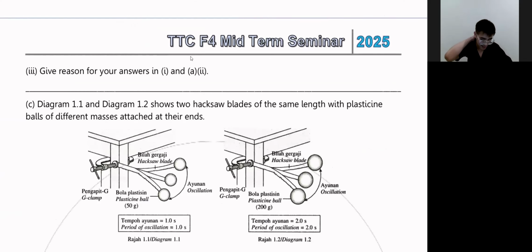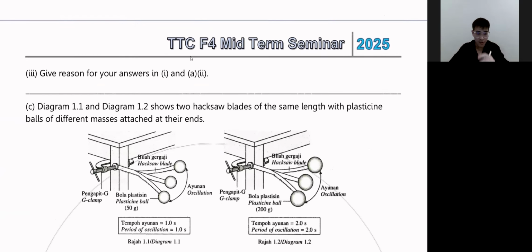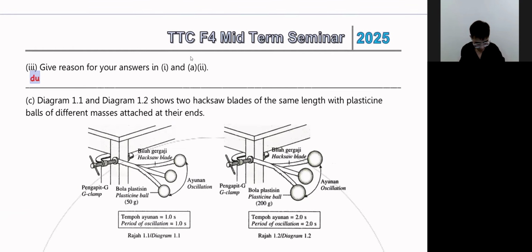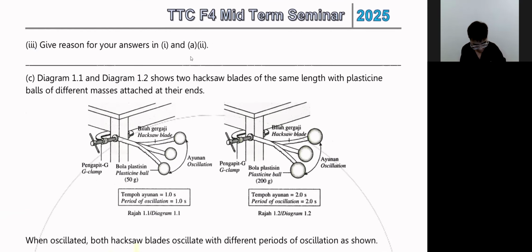Then the third question is asking you to explain why, in part 1 and also part 2, the adult is harder to move and also harder to stop. It's because the mass of the adult is greater than the child, or you can say larger mass. The adult has a greater mass than the child.